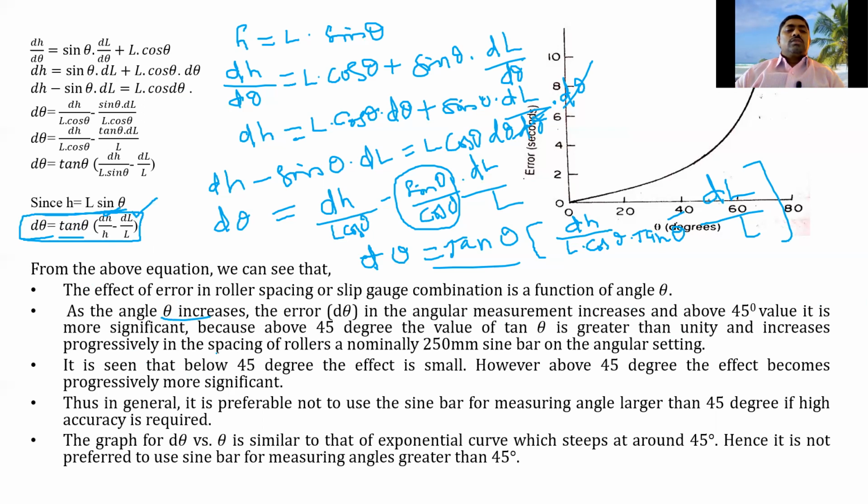Nominally a 250 mm sine bar on the angular setting is used. Below 45 degrees, the tan theta value is less than 1, and the effect is also small. However, after 45 degrees, the effect is progressively more significant.